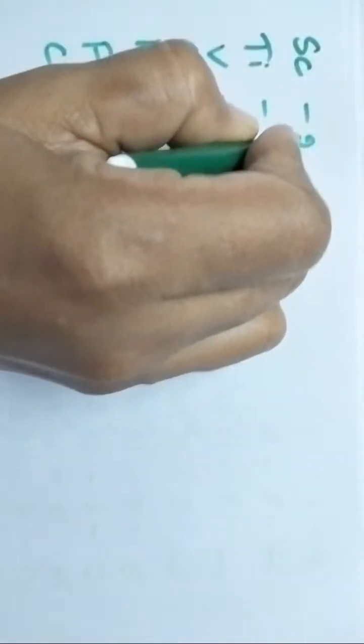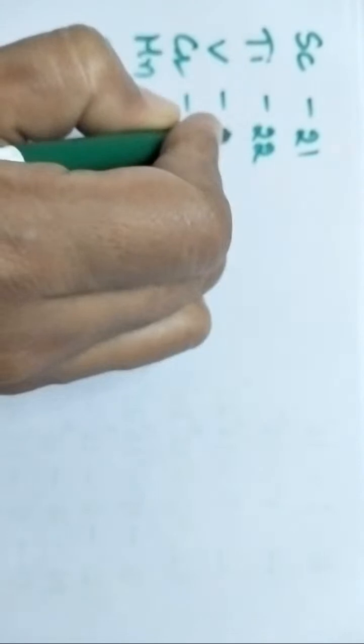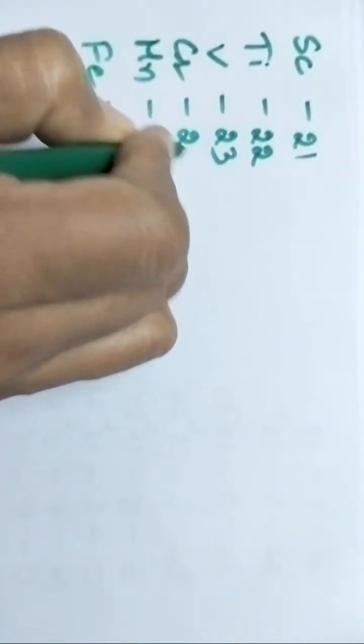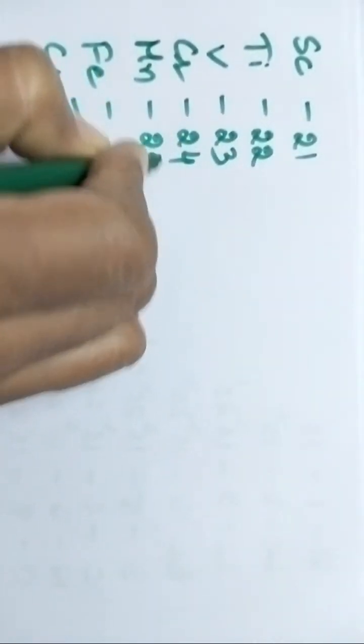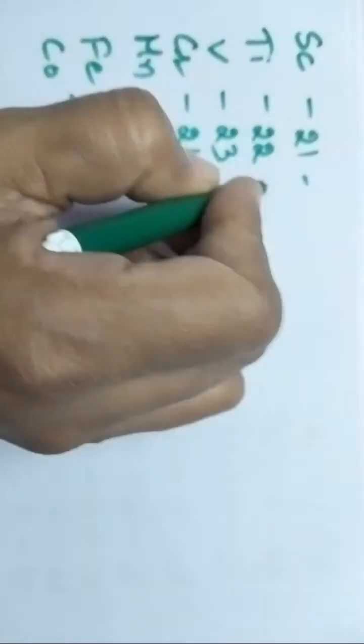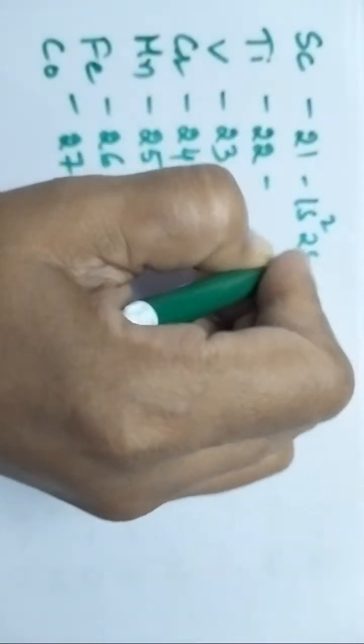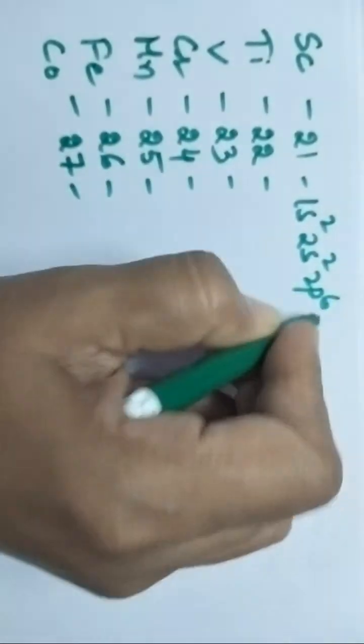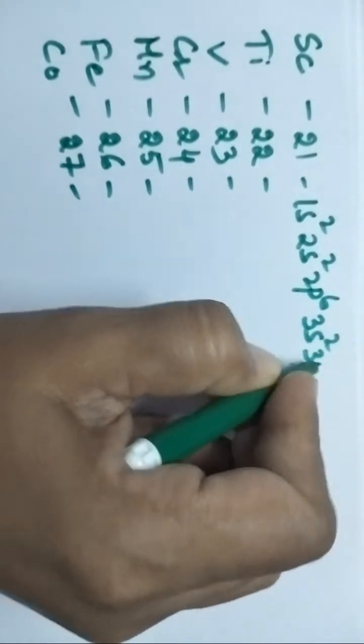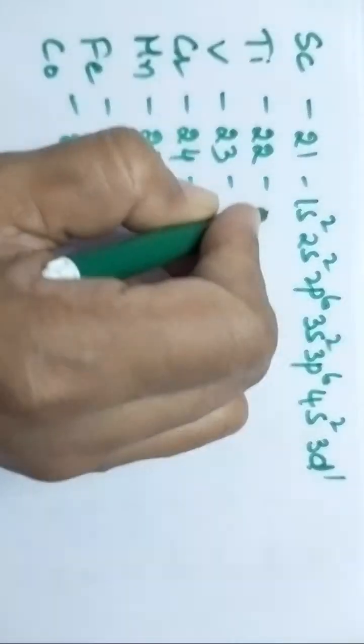So what is the atomic number of scandium? 21, titanium is 22, vanadium is 23, chromium is 24, manganese is 25, iron is 26, cobalt is 27. And coming to the configuration, 1s2, 2s2, 2p6, 3s2, 3p6, 4s2, 3d1.